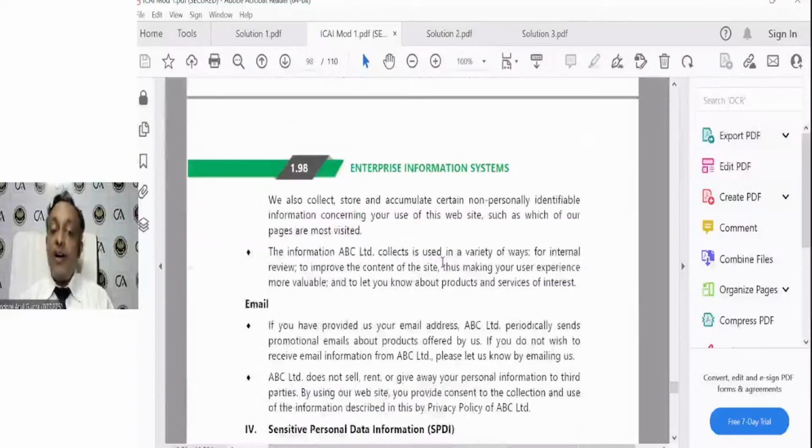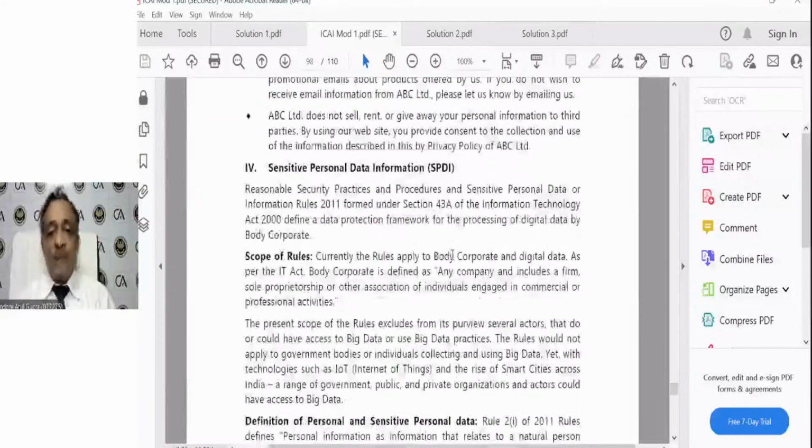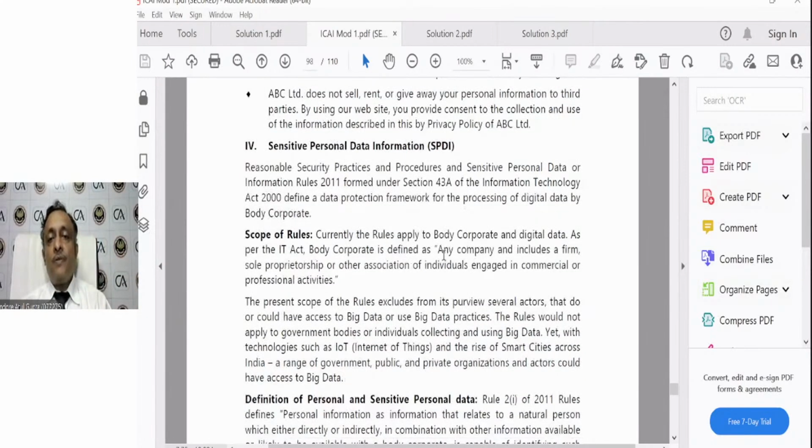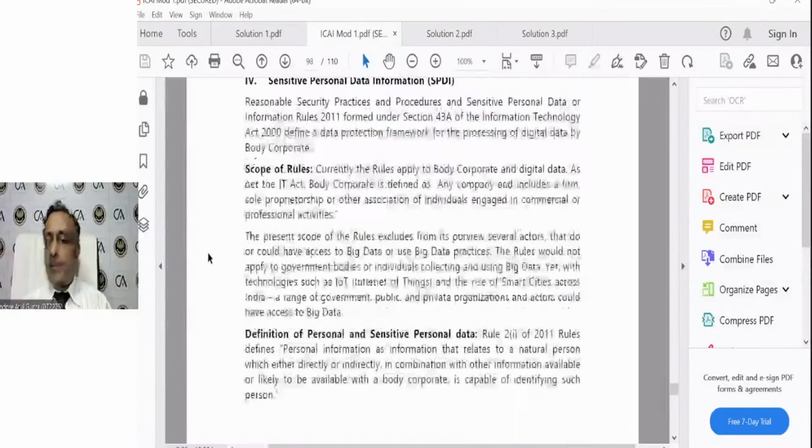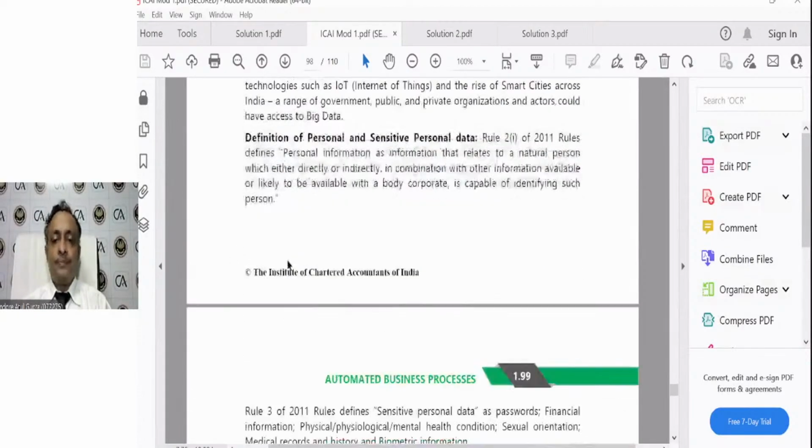The Reasonable Security Practices and Procedures and Sensitive Personal Data or Information Rules under Section 43A define the data protection framework for processing of digital data by any body corporate. So body corporate, please don't understand as company. Body corporate means any entity per se. This is important. Read this thoroughly. Very, very, very important.